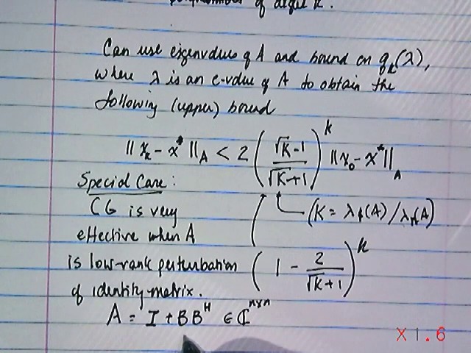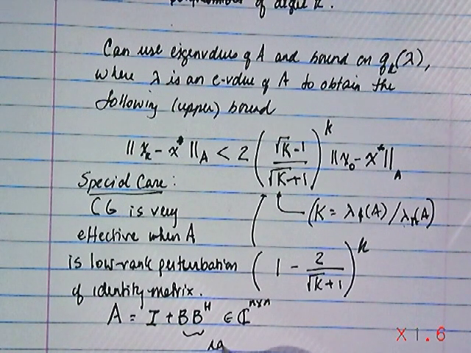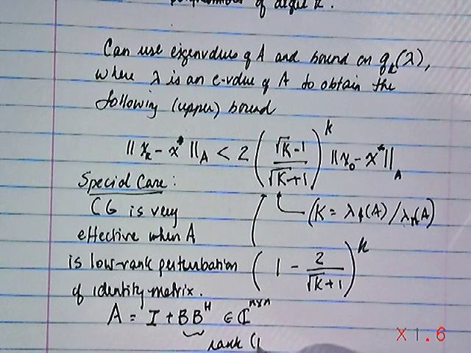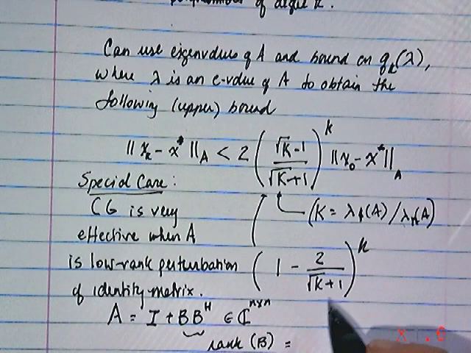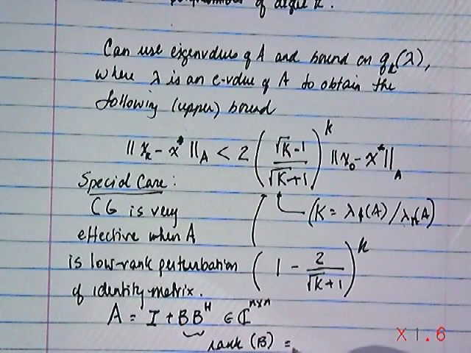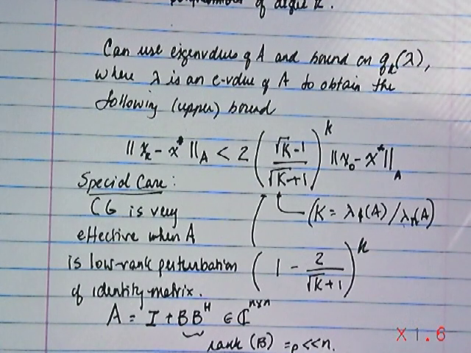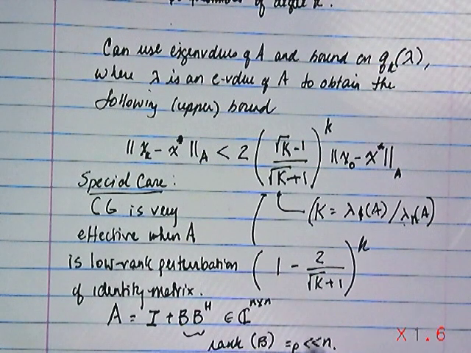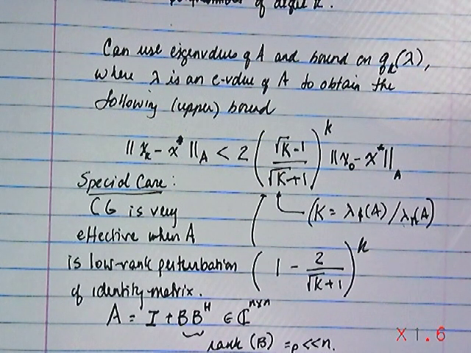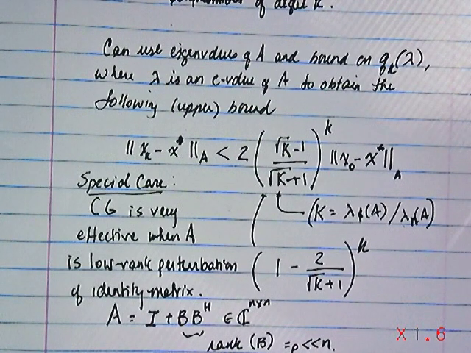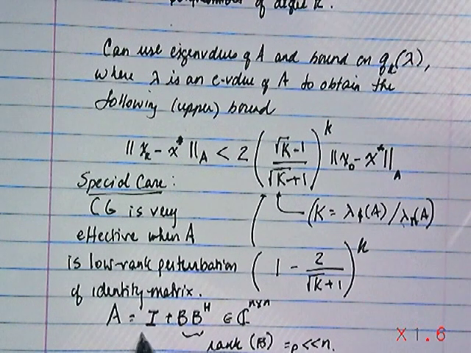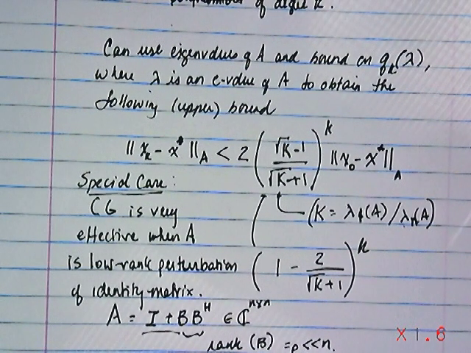But this perturbation is done in a way that the rank of this matrix B, let's say, is P, for example, but it's much, much less than N, where your original system lives in C^(N by N). Okay. So it's just very interesting. If you have this particular case, CG tends to converge very, very quickly.